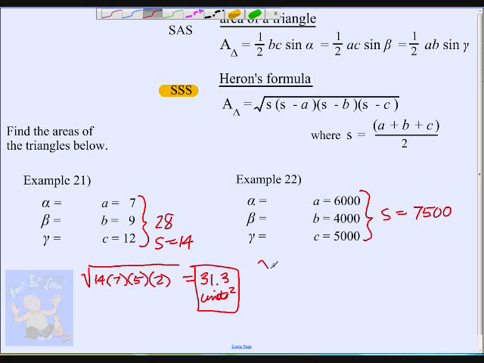So my area is going to be my semi-perimeter, then semi-perimeter minus A, semi-perimeter minus B, and semi-perimeter minus C.